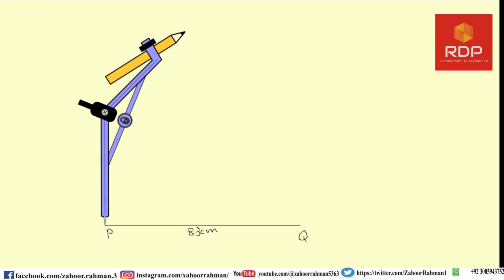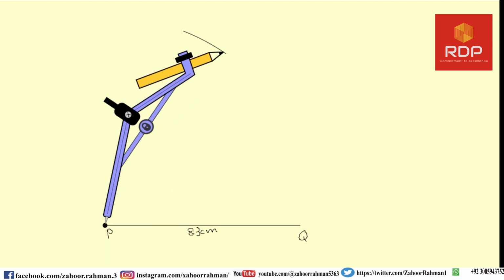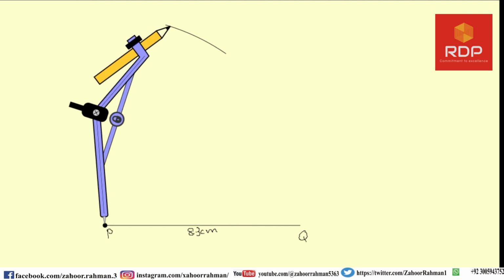So let us draw PR. It is 9. In the question, it is given that it should be 9.2. So we will compensate it, and you will see how we will compensate it.